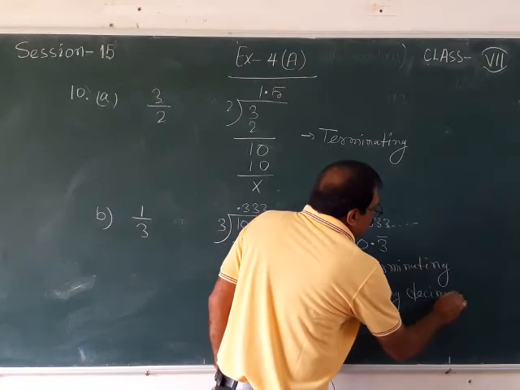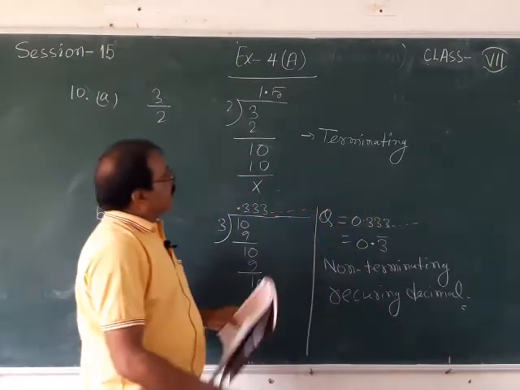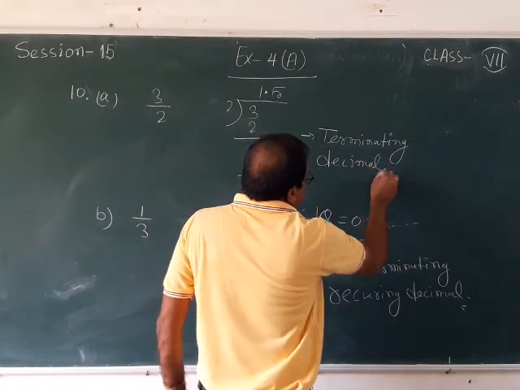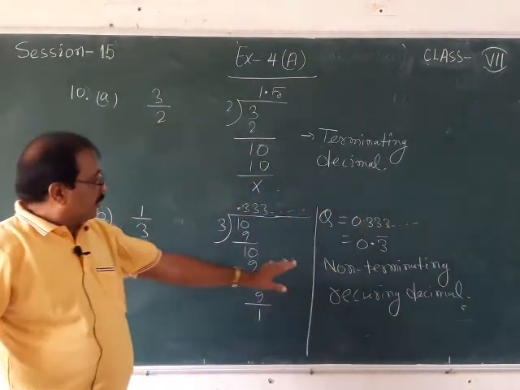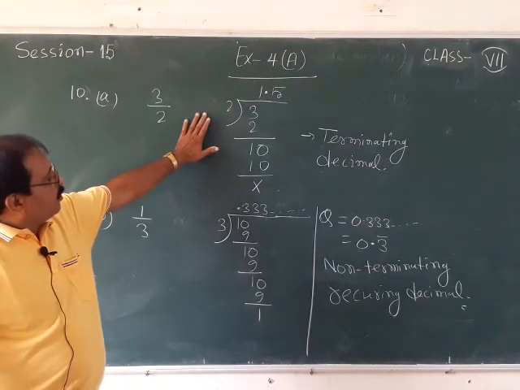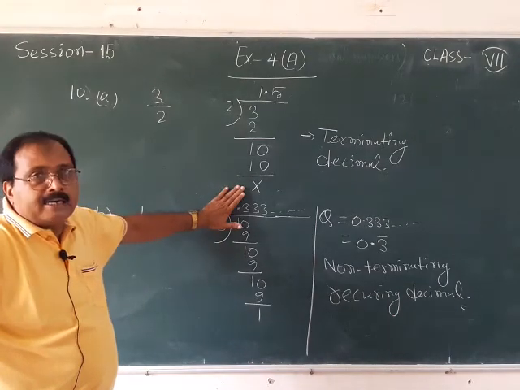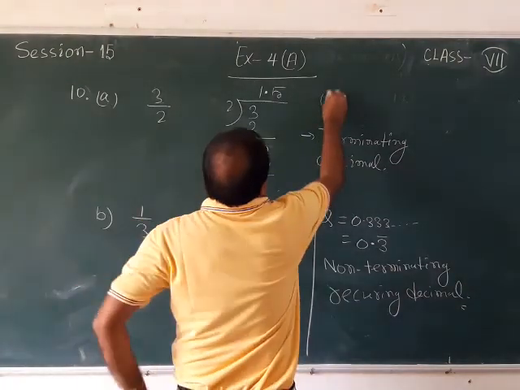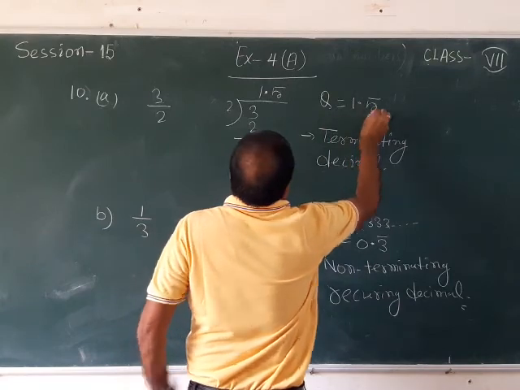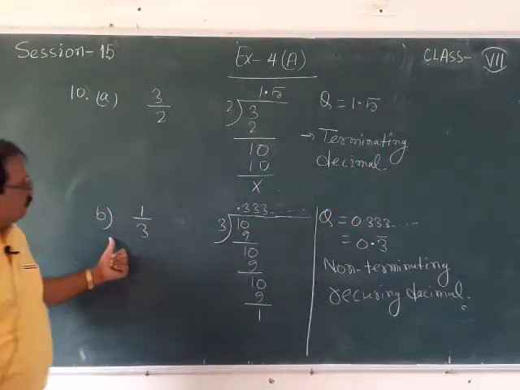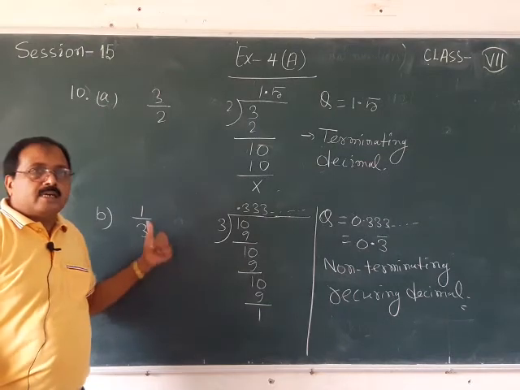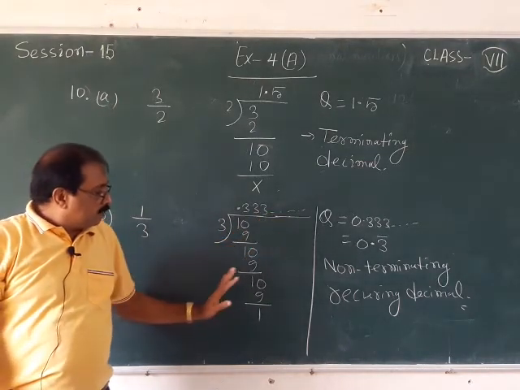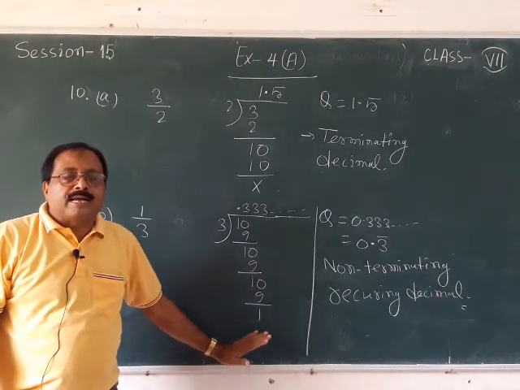Okay. So that is the meaning of terminating decimal. It was a terminating decimal, and here it was a non-terminating recurring decimal. Why? Because here you are able to get remainder 0, and the quotient you are getting is 1.5, that means the division finished. But in B, if you are trying to divide 1 by 3, the division cannot be finished because you will not have 0 as a remainder.